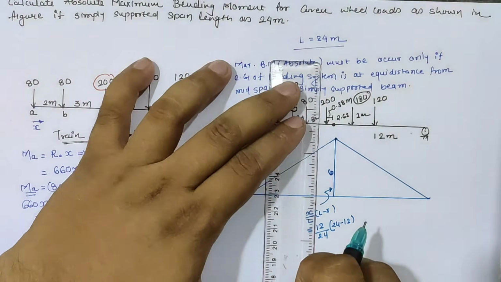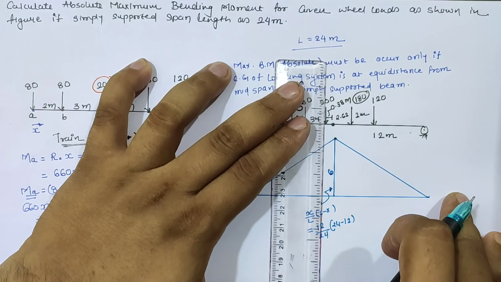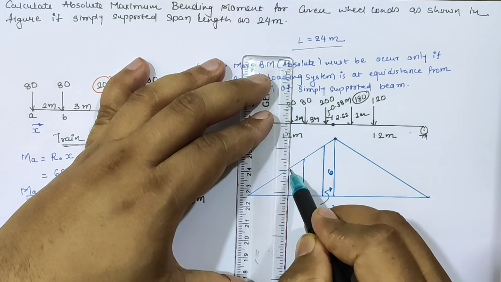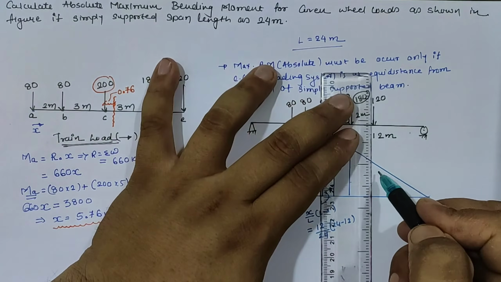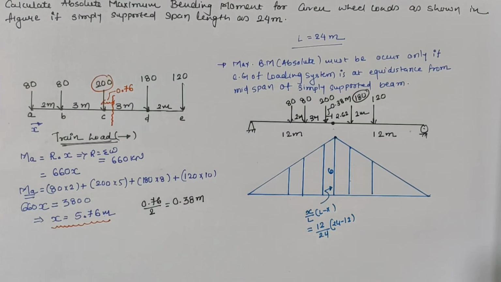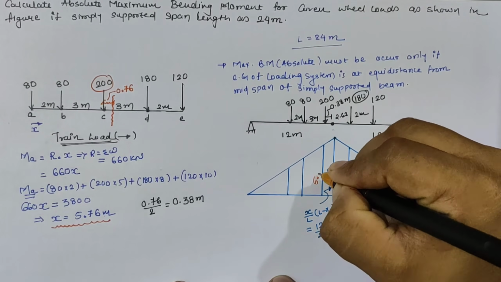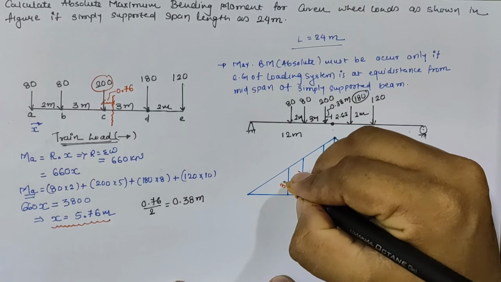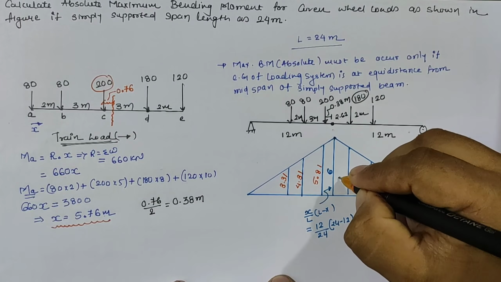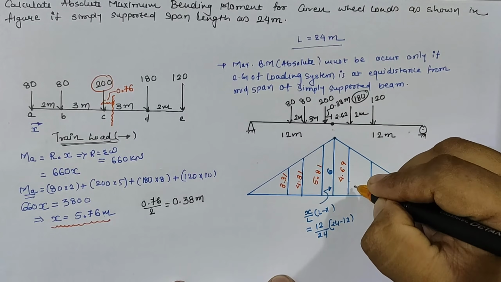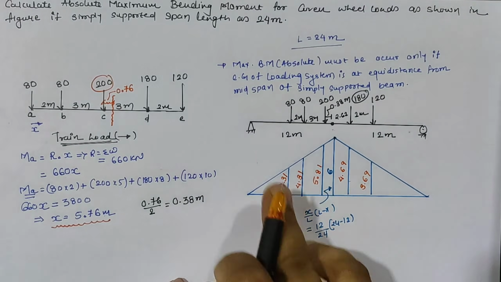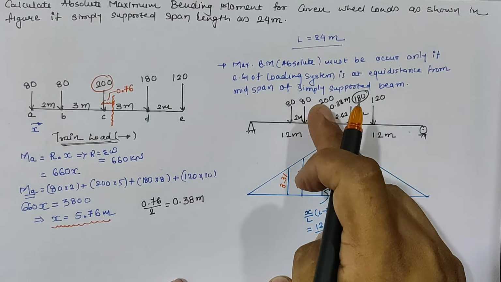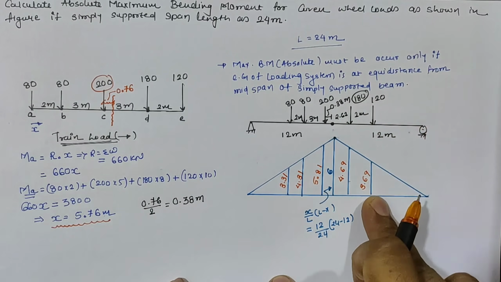Now, taking the similar triangle rule for the ordinate under the 200 kilonewton load as well as the rest of the loads, the ordinates are 5.81, 4.31, 3.31, 4.69 and 3.69 under all the loads as shown in the figure.